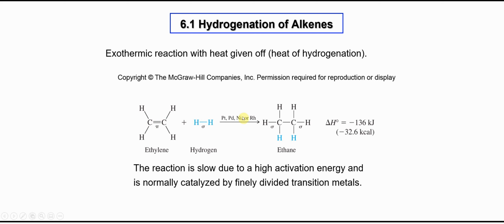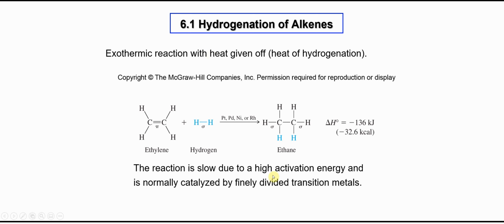So this chemical reaction is called hydrogenation reaction. The hydrogenation reaction of alkene is an exothermic reaction, meaning the heat will be given off from your system to the surroundings.